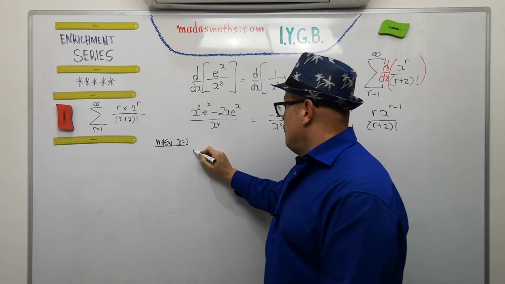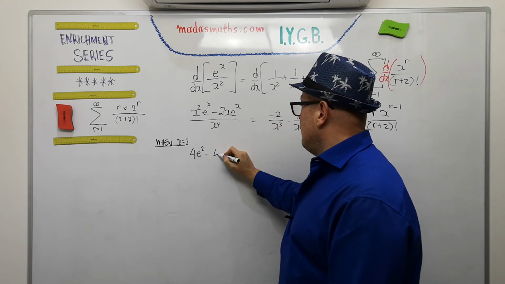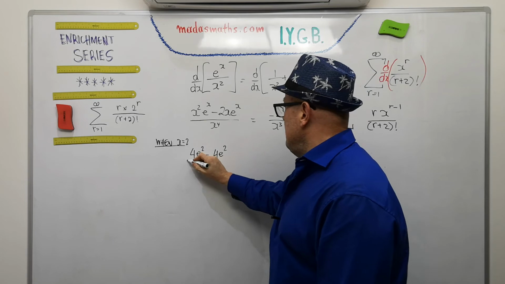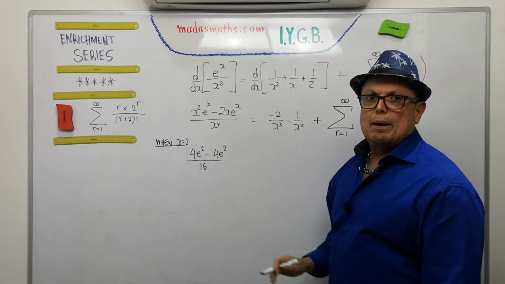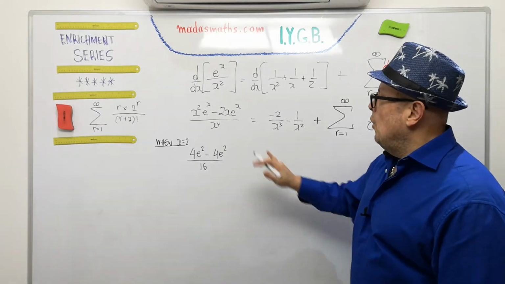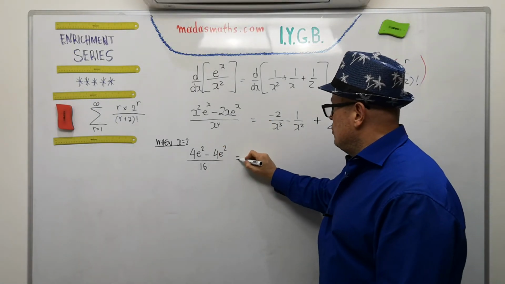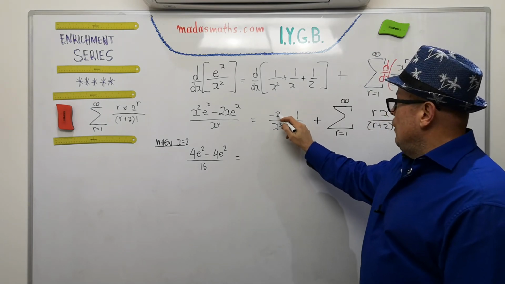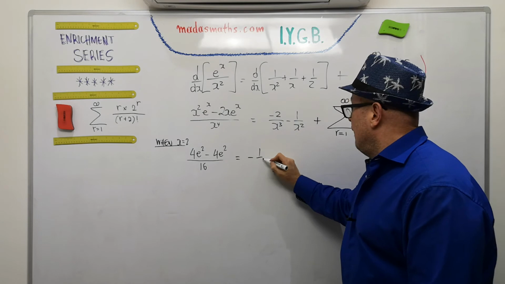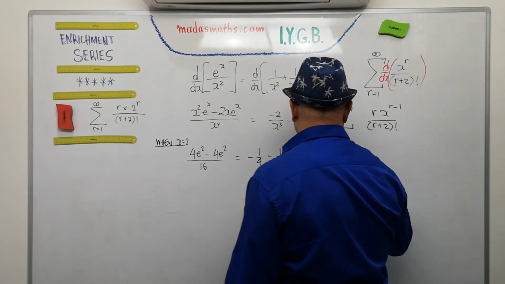I'm going to get 4 e squared minus, oh, it actually cancels. Even if it didn't cancel, it doesn't really matter. That's not the issue. I will say something about it in a minute, just in case you think, oh, that was very convenient, you're getting a 0 in there. It's got nothing to do with that. So that's minus a quarter, minus another quarter.